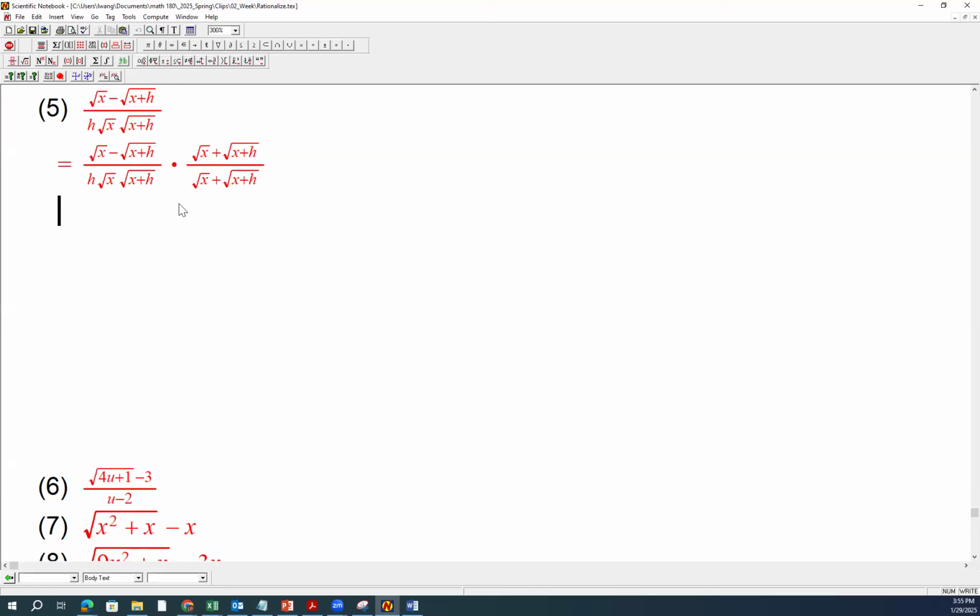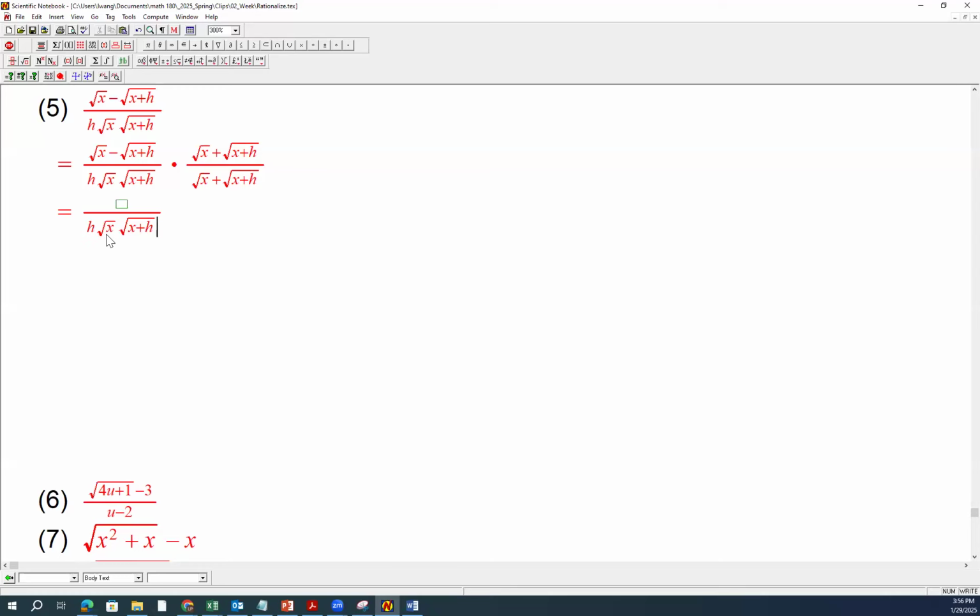Then this time we have a little complication with the denominator, because when we do the denominator times denominator, this first denominator has 3 factors: h, root x, root of x plus h. And the other factor would be inside this parentheses. Okay, so we must put it in the parentheses, and this parentheses cannot be dropped. It has to be there.